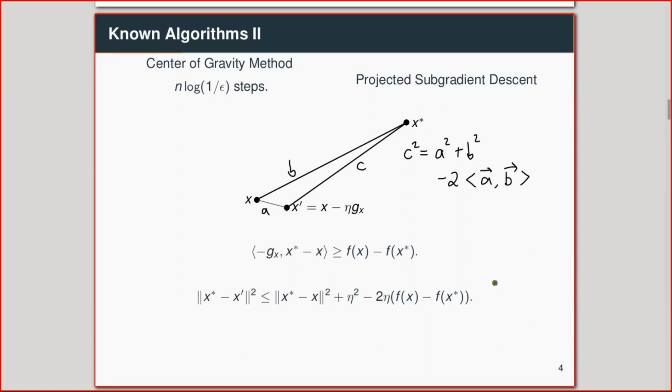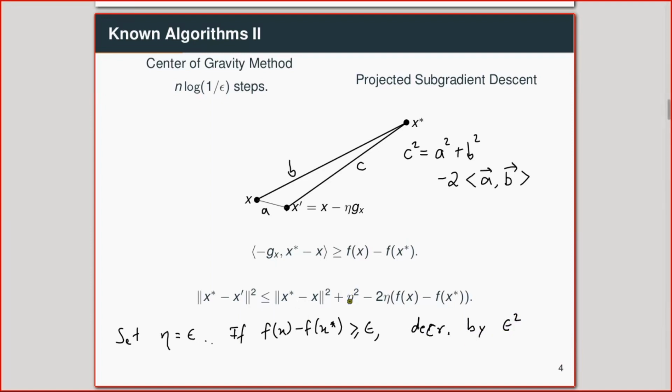Now, we set eta to be equal to epsilon. Now if f of x minus f of x star is greater than or equal to epsilon, then this above expression has decreased by epsilon squared.